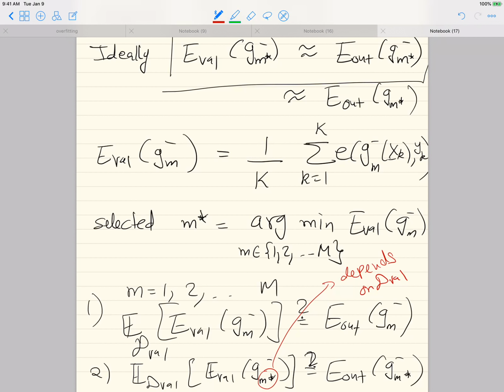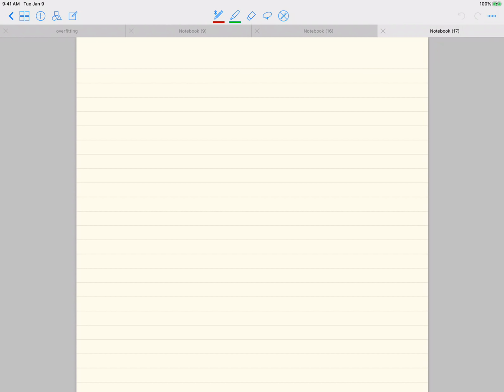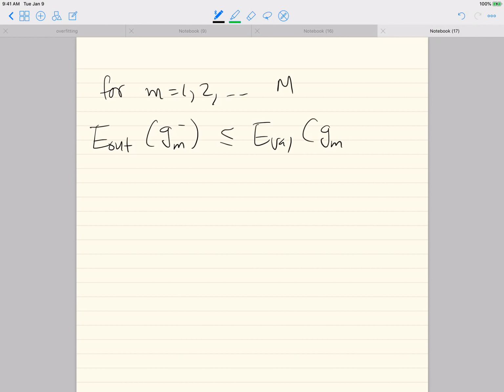So it's not true. If I were to write this in other words, what we know is that for each fixed m, we'll have that E_out of gm minus will be less than E_val of gm minus plus the square root of 1 over 2K times log of 2 over delta. This was the second property.